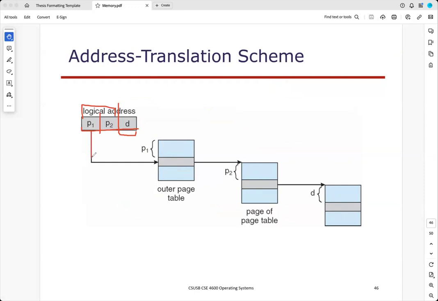P1 is used as the index for the outer page table to get the address of the inner page table. And P2 is used as an index for the inner page table to get the entry from it. In this page table entry, we have the frame number, and combining the frame number with the page offset, we get the physical address.